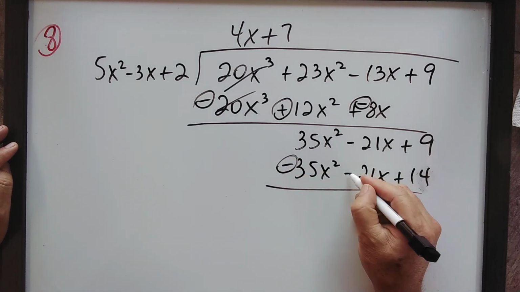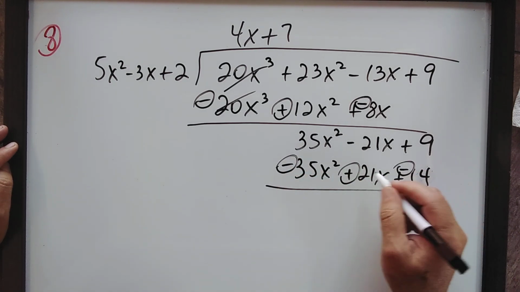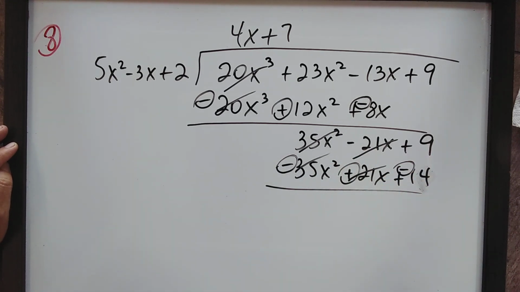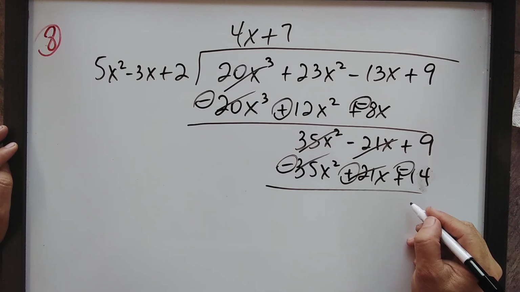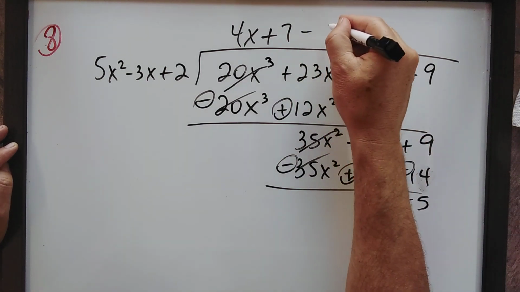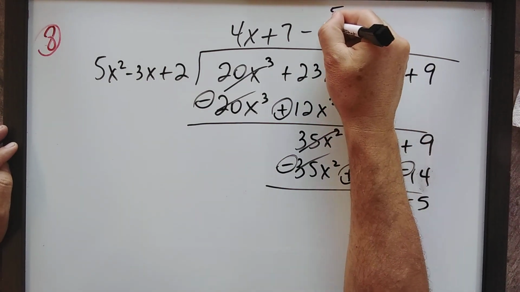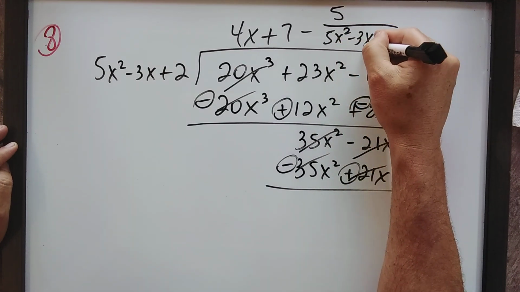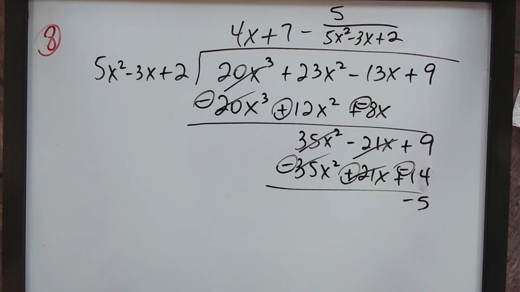Change signs to the opposite. This cancels. So it's 2. And then 9 minus 14 is what? Negative 5. Minus 5 over the divisor. And this is my answer.